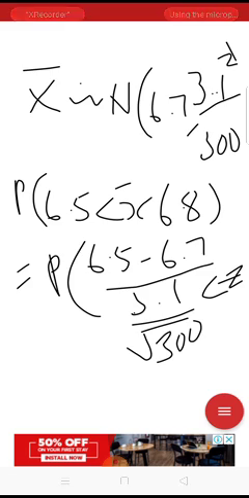Sorry, I have limited space because I did this on my mobile. Then you can simplify this equation to form a z in between.